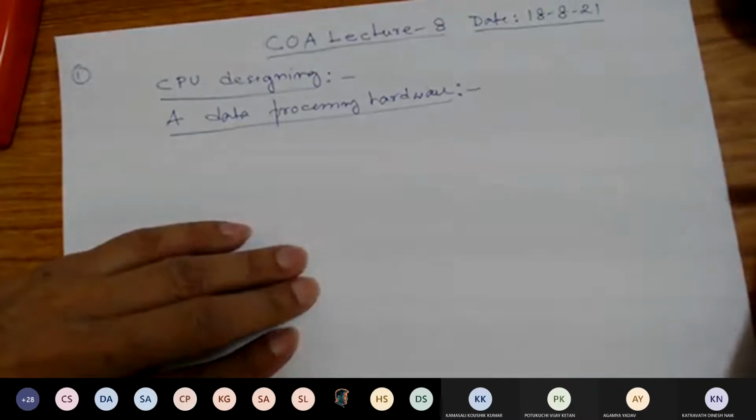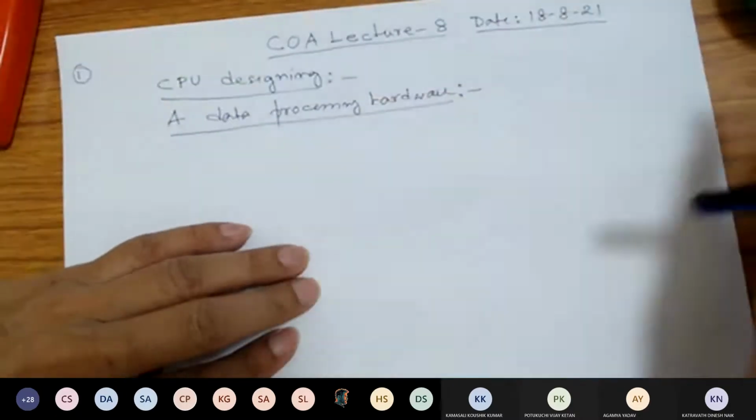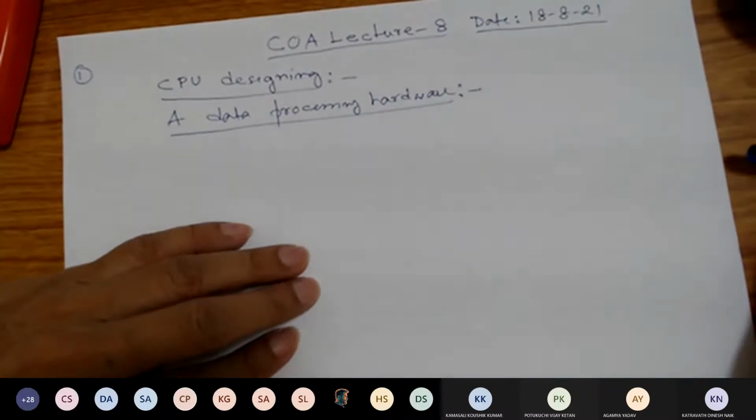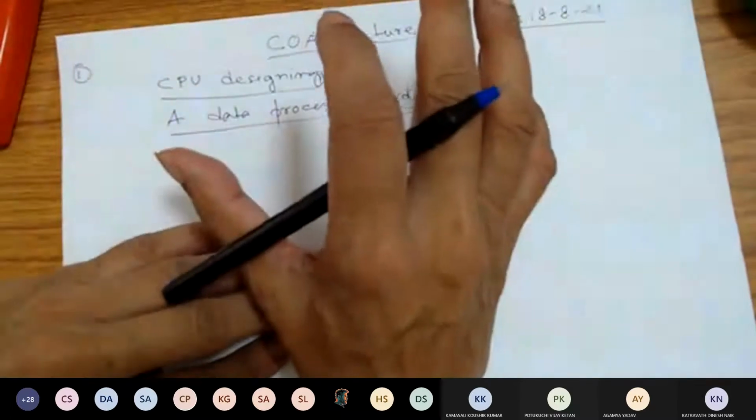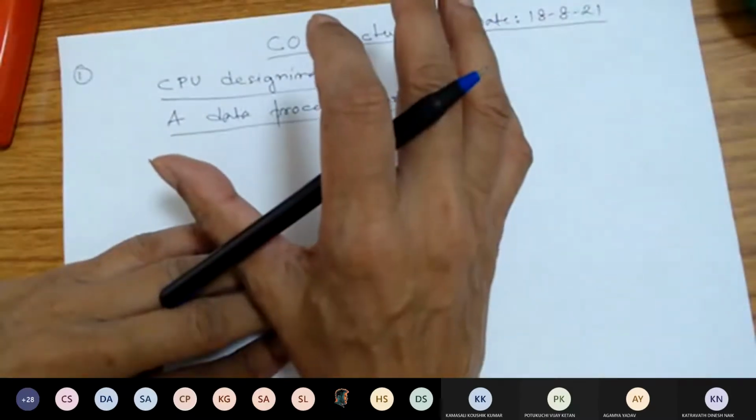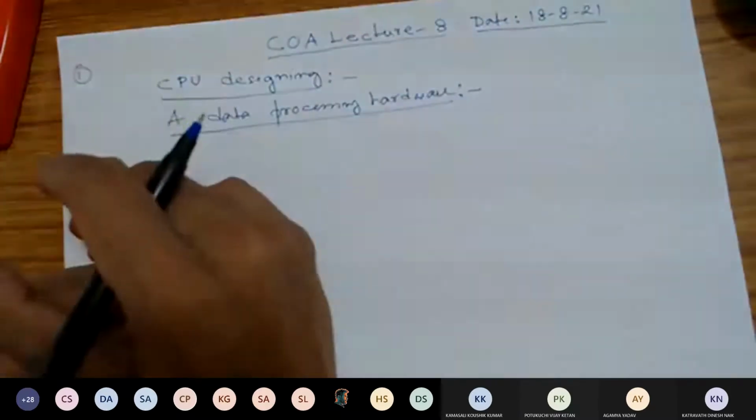So what I'm going to represent is a generic data processing hardware. It may not be exactly matching with each and every component of the processor, but the concept remains the same across all the units, functional units of the processor.